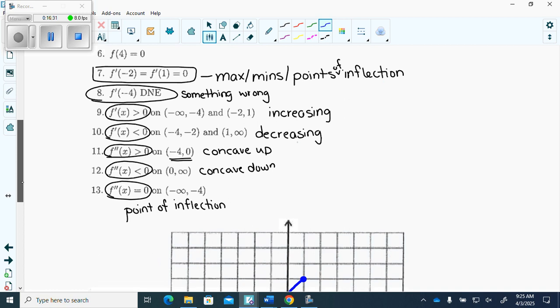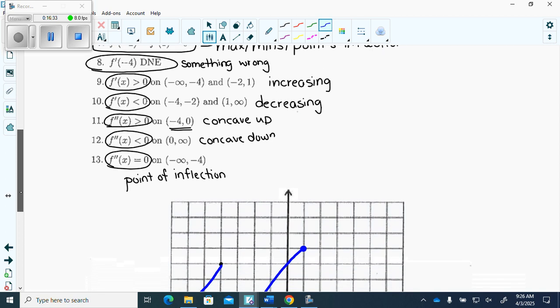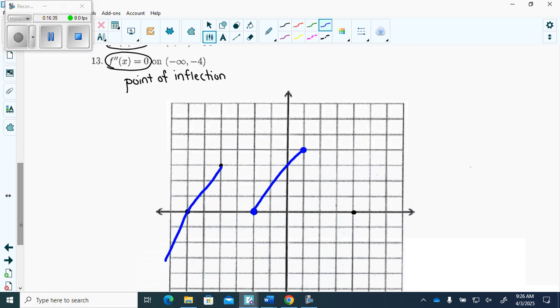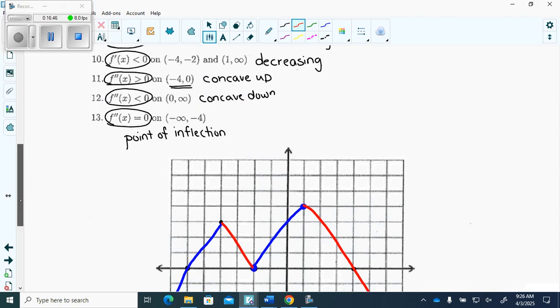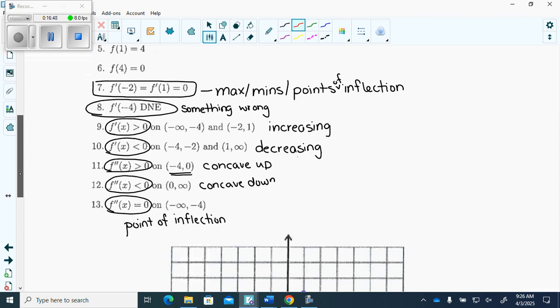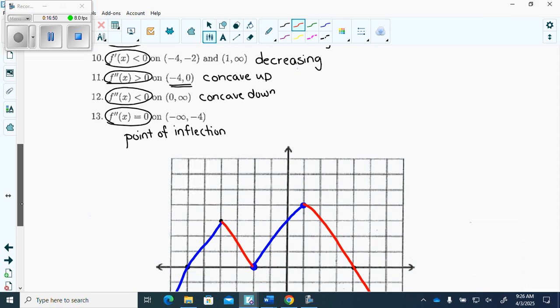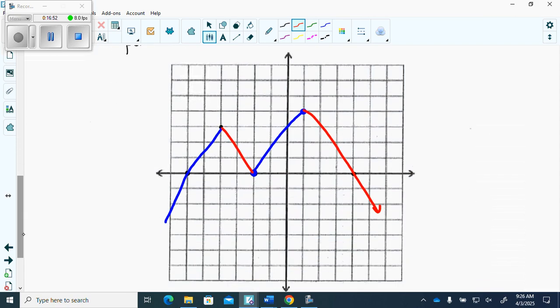Decreasing from -4 to -2 and 1 to infinity. Now, if this were true the way it was sitting right now, what does that give me? Another maximum, correct?